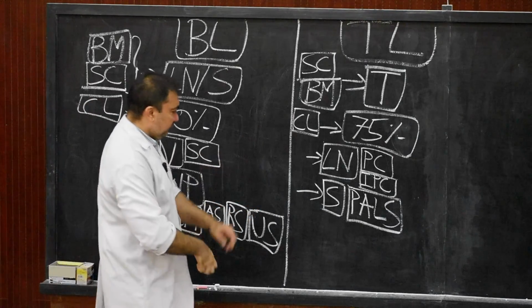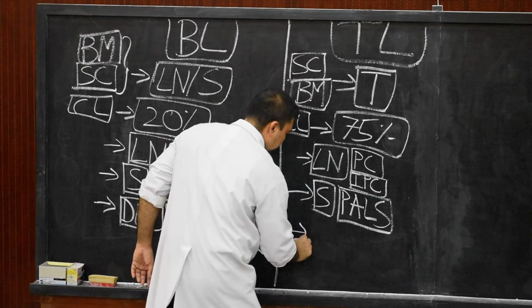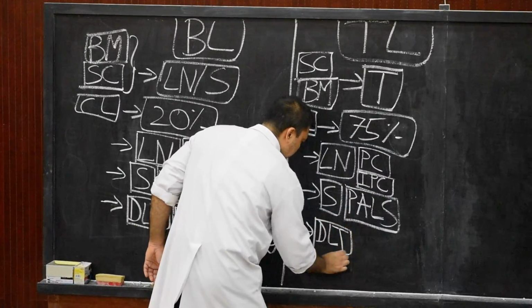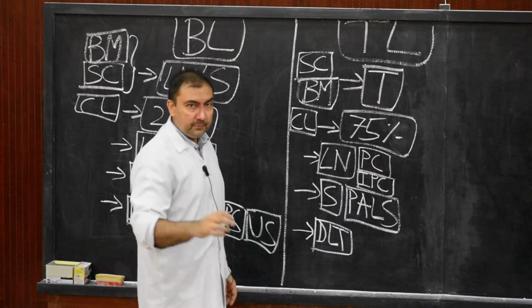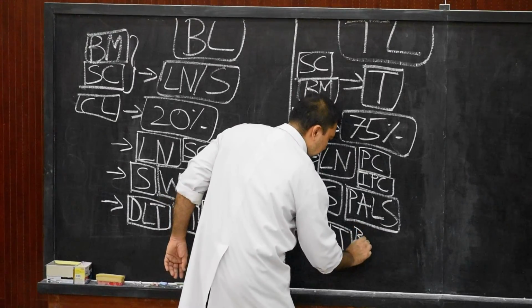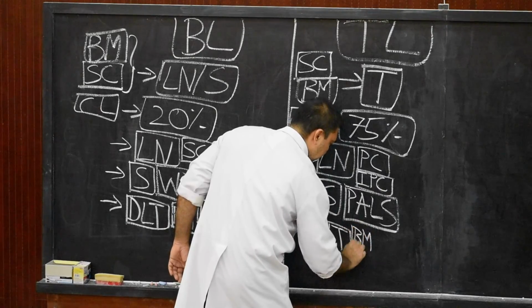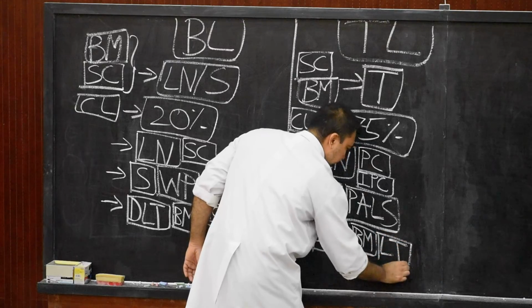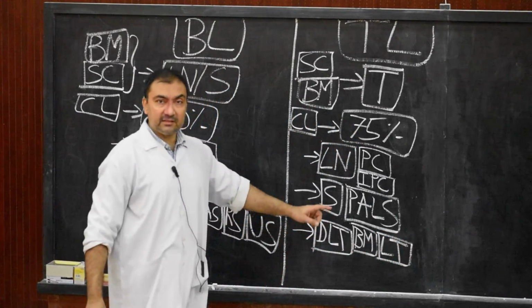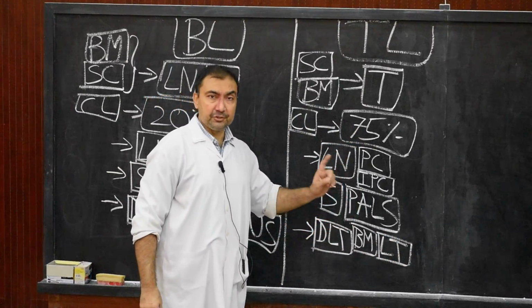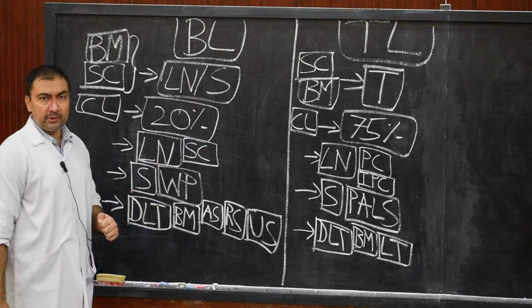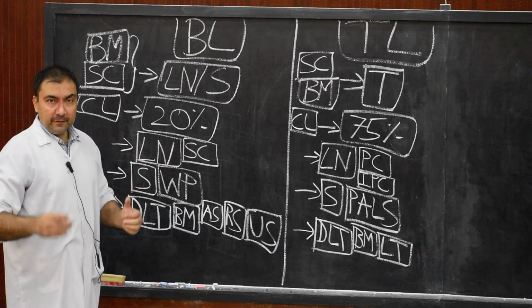Now, T lymphocytes are found in the form of diffuse lymphoid tissue beneath the mucosa of lymphoid tissues, or the lymphatic system. Then we come to the next very important point, how they will function.